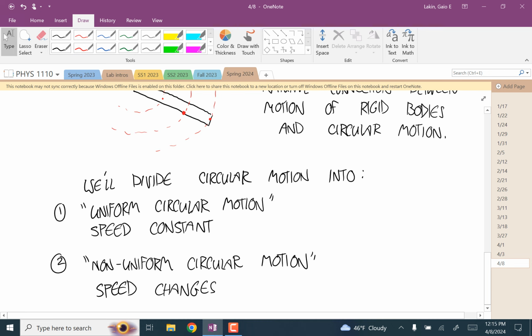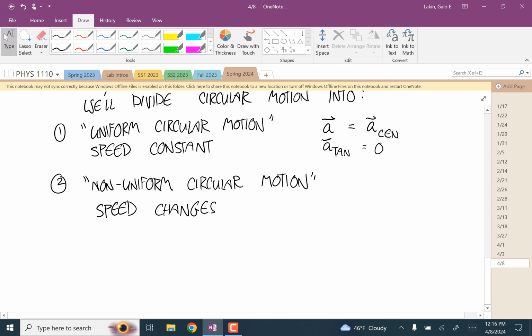So in uniform circular motion, the total acceleration is just the centripetal, right? Because the parallel is zero. The tangential is zero. For non-uniform circular motion, the tangential acceleration is not zero. And so to calculate the total acceleration, you have to add these two parts up.